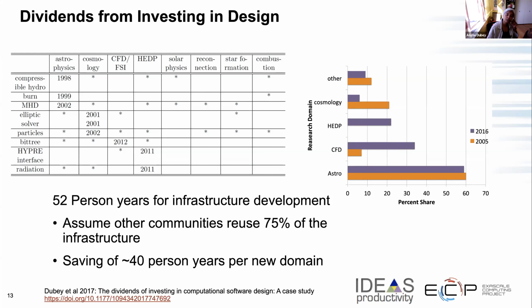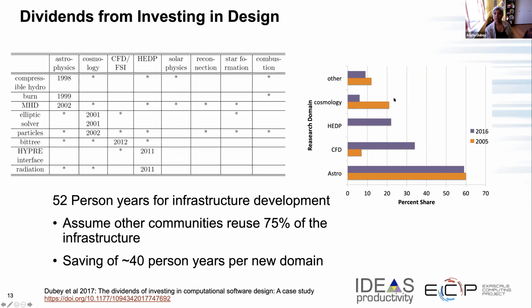An analysis showed that even if the other communities reused only 75% of the infrastructure that was developed, and not even any of the capabilities, as in these stars, they already had a saving of roughly 40 person-years per new domain. And when you add all of the physics capabilities that are reusable, the impact becomes even stronger.